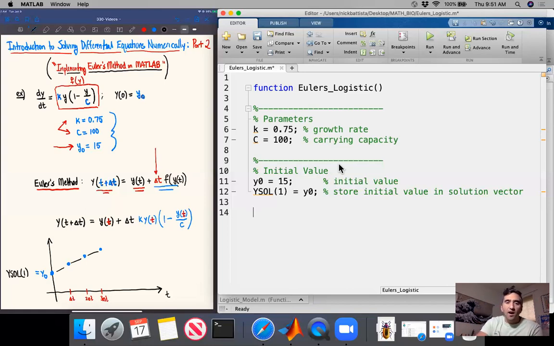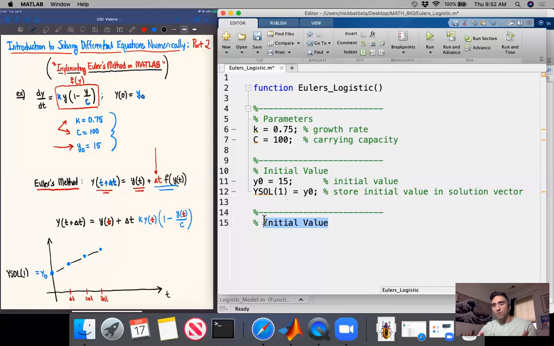Now, the kind of difference here between discrete dynamical systems and our Euler's method and differential equations is the number of delta t's we want. We just need to make sure that we are iterating enough to get to a final desired time. So for example, if delta t is 0.1 and we want to get to a final time of 2, we need to do about 20 iterations.